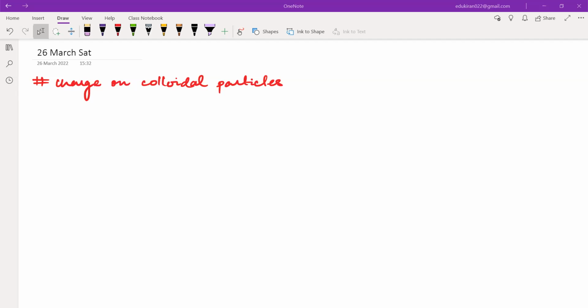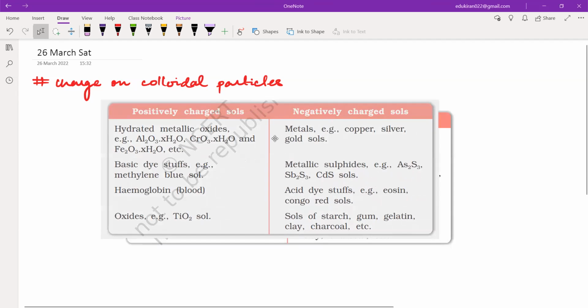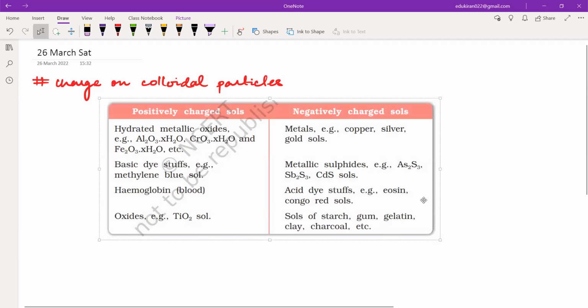Let me give you a table that mentions all the positively charged salts and the negatively charged salts. This is just information. You don't have to memorize the whole table, but please keep it in your notes so that you can read it, because you can't remember all of these things.